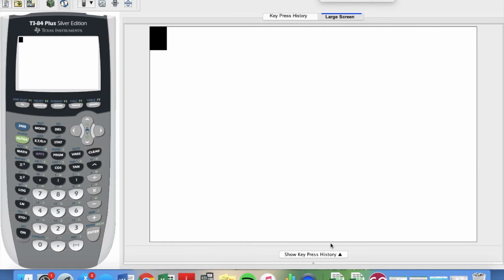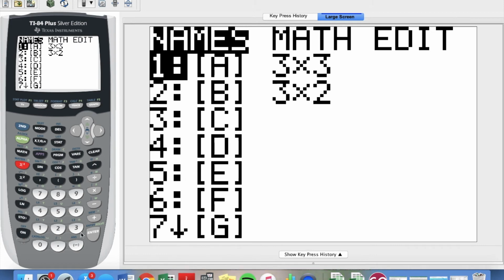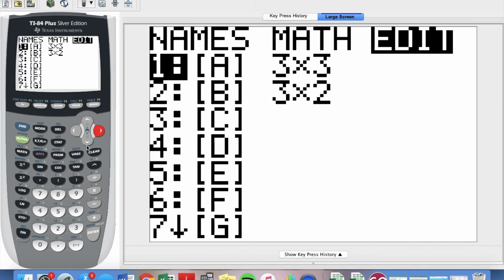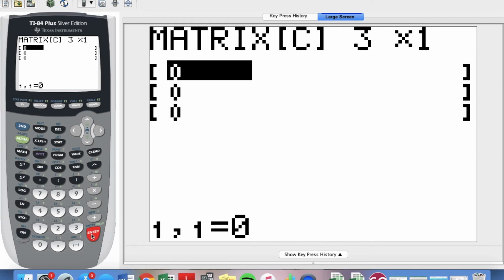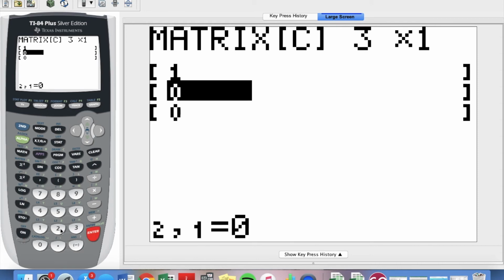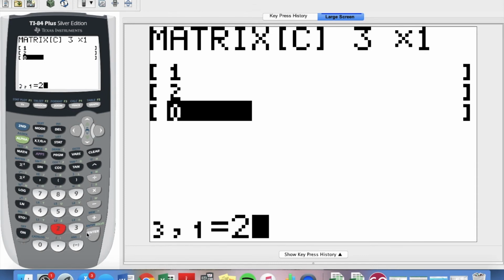First matrix has 3 rows and 1 column, so I'm going to hit second matrix, and then I'll go ahead and edit matrix C here. I had 3 rows and 1 column, and that was 1, 2, 2. So 1, 2, 2.